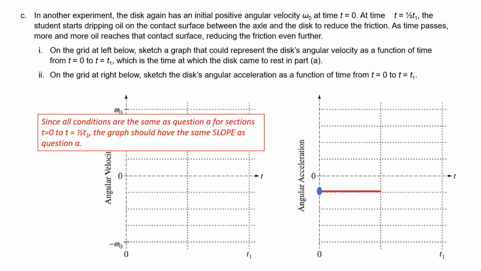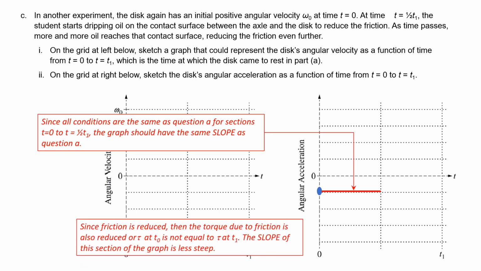Instead, there's still deceleration, but the deceleration has something to do with the friction that's being reduced. So now your graph is going up, but not to the extent that it reached 0, or above 0, or else it will move in the opposite direction.